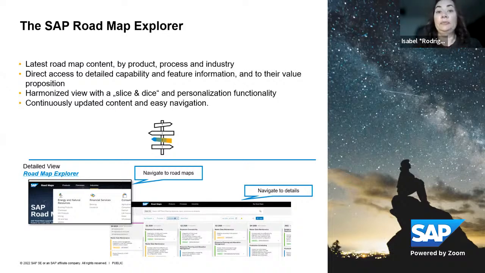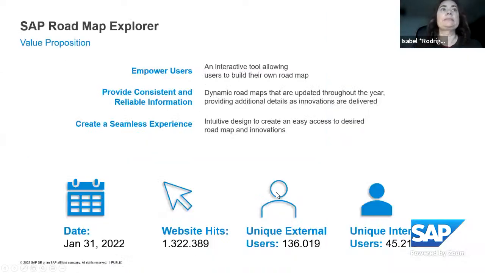The tool is continuously updated and includes a very easy and intuitive navigation. Also, it has an overview of all the functionalities that SAP delivered or is still in plan, including, of course, their value proposition. So you will see later on in my demo, we have the different ways to navigate to the roadmaps and, of course, also navigate to their details.